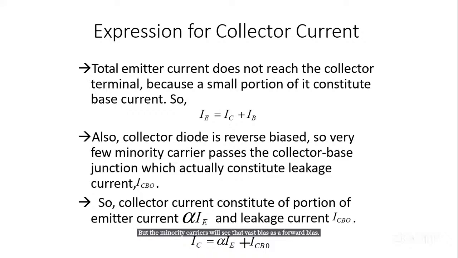So the holes will migrate towards the junction, and the electrons from the other terminal, the base, will feed in the holes. So that we call leakage current. So the total current IC is this. We have seen this before, but this is the leakage current that I explained to you before.